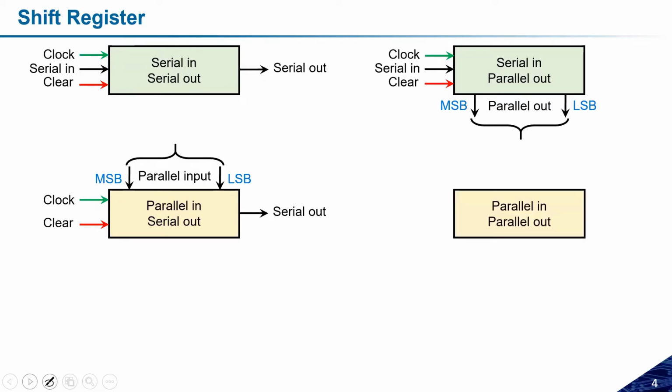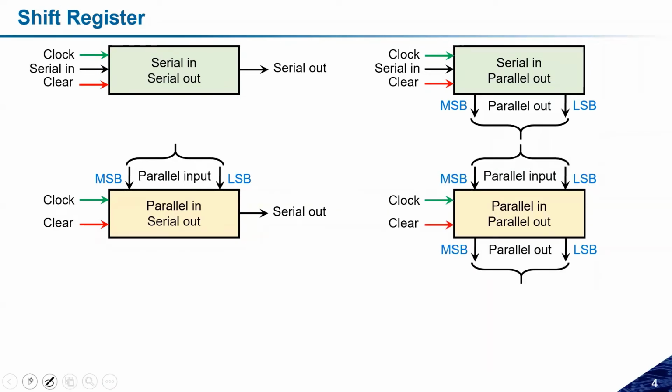And the next category could be the parallel input, parallel output, which we have already seen in the previous slide. The minimum time will be taken by this kind of register, because all the data bits will be loaded and transferred parallelly. So a single clock pulse may be sufficient to execute this operation.